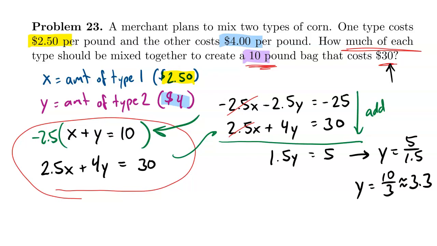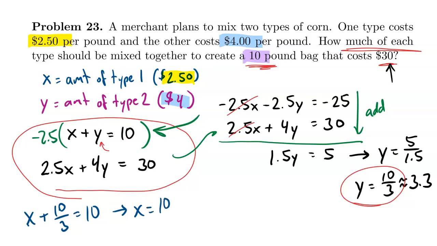Okay, well, we've made some progress, but we're not quite done. I need to take this value for y and plug it back into one of the equations. Let me plug it back into this first equation and find the corresponding value for x. So we get x plus 10/3 equals 10, which means that x equals 10 minus 10/3.